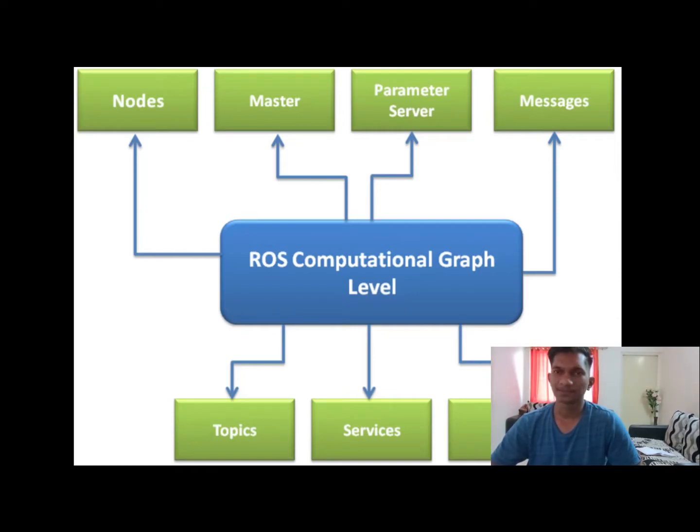Now comes the messages. As I told, the ROS message is the basic data structure which the nodes are going to use to communicate between each other. If I want to send the IMU data, inertial measurement unit, which is in angles, in float format, I'm going to make a file named IMUdata.msg. It has the extension .msg. In that I'm going to store the data structure of the message.